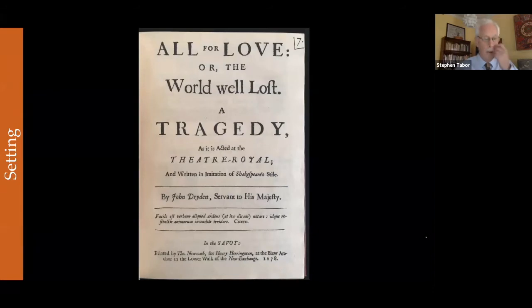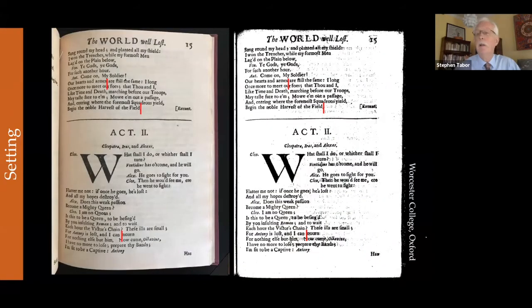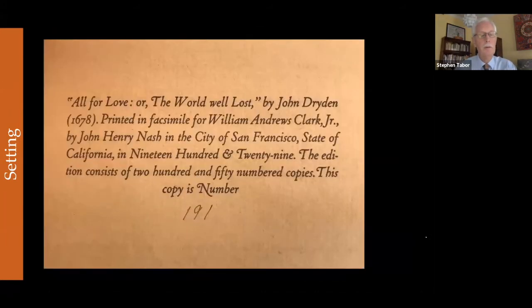Here at home, I have a copy of a famous Restoration play. My copy's on the left. If we apply our alignment test, it seems to be in the same setting as the Worcester College copy in Ebo. Are they the same edition? That's not what the printer of my copy thought. He is using the word edition to mean the 250 copies that he printed.